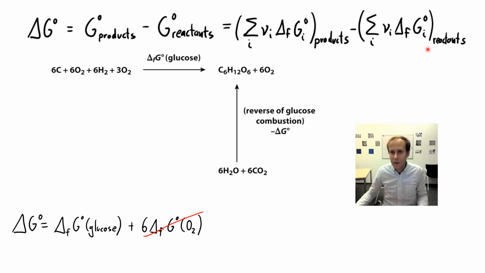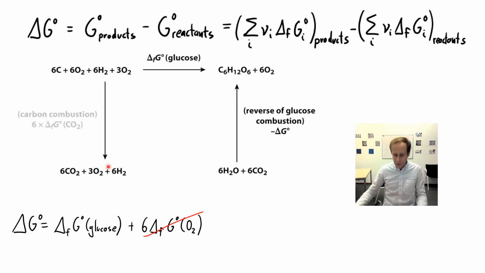Now let's take a look at the reactants. The reactants are water and carbon dioxide. So we need to find their respective free energies of formation at standard conditions. First, carbon dioxide. Carbon dioxide can be formed out of its elements carbon and O2, and in the literature we will find a value for the combustion of carbon and oxygen to form CO2.